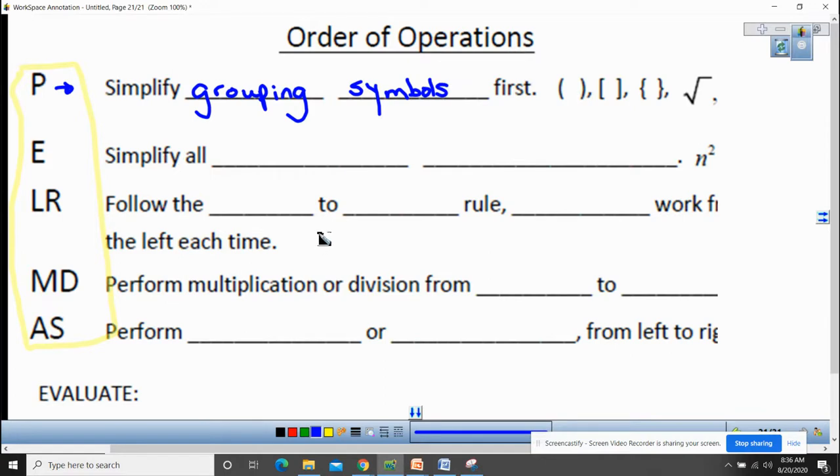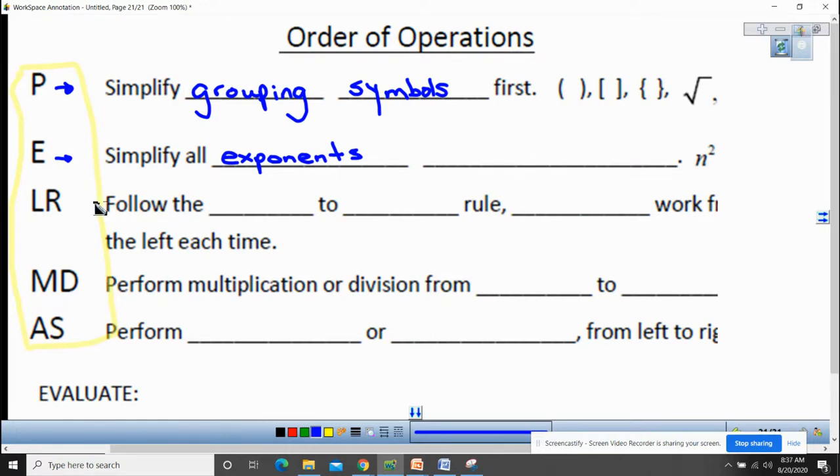Okay. What does E stand for? Simplify all exponents. I don't know why I have this little line here.